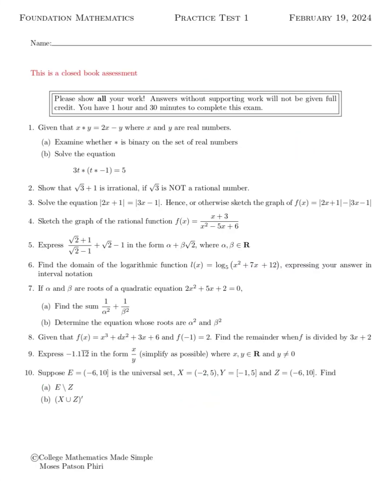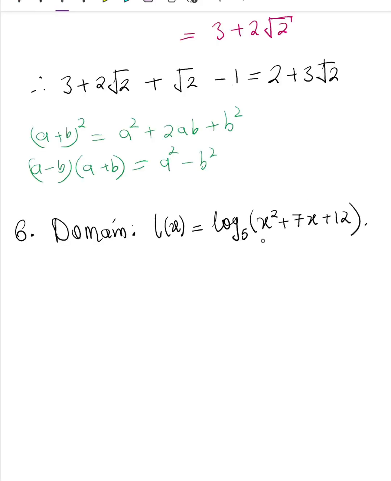The next problem, we want the domain of this function, log of x squared plus 7x plus 12 in base 5. So what you need to understand is the input of a logarithmic function is always greater than 0.